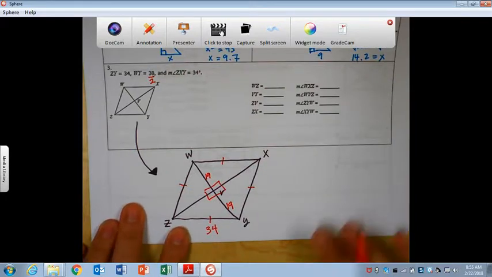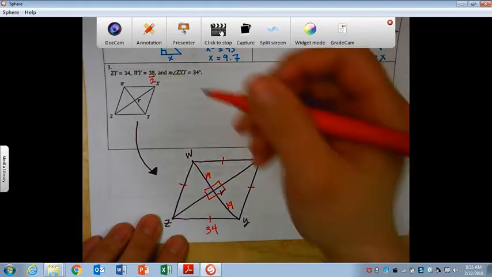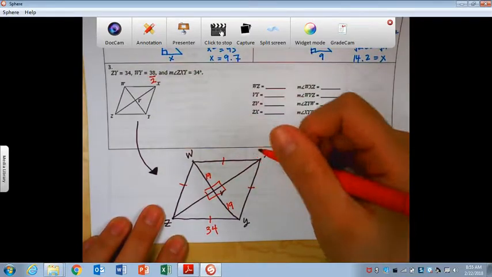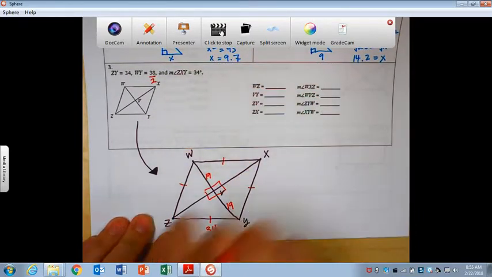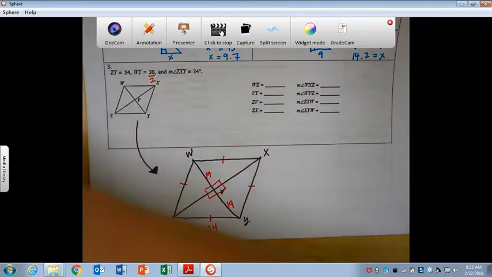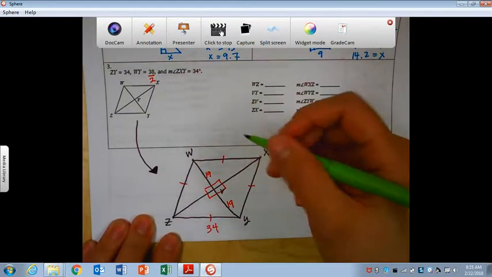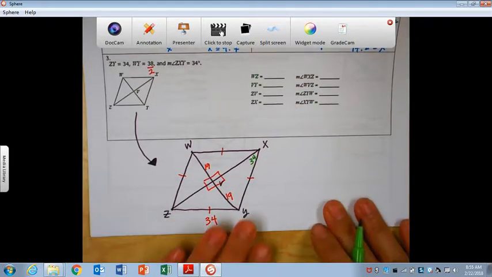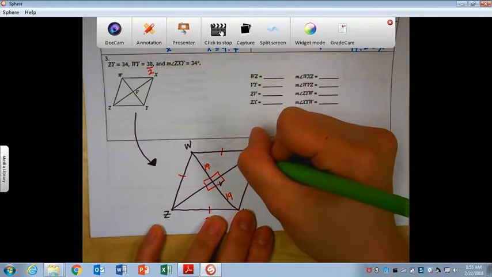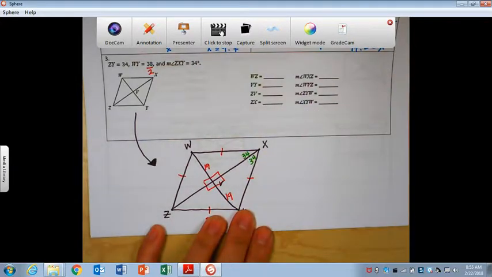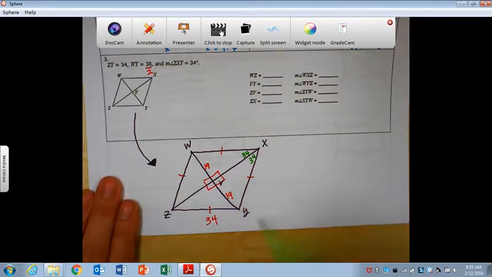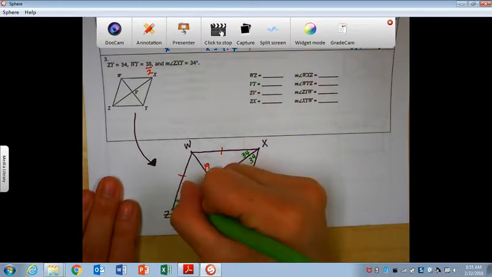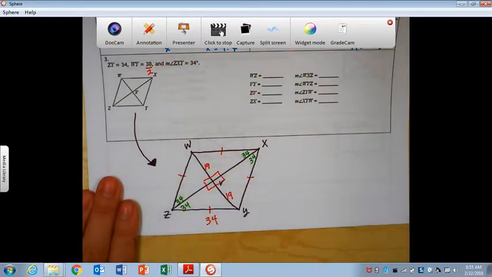So the next thing they give you is ZXY is 34. Let me change my color. So ZXY is 34, okay? So you know that this is going to be 34 as well. Also, what makes it easy for a rhombus is this is 34 and that's 34.